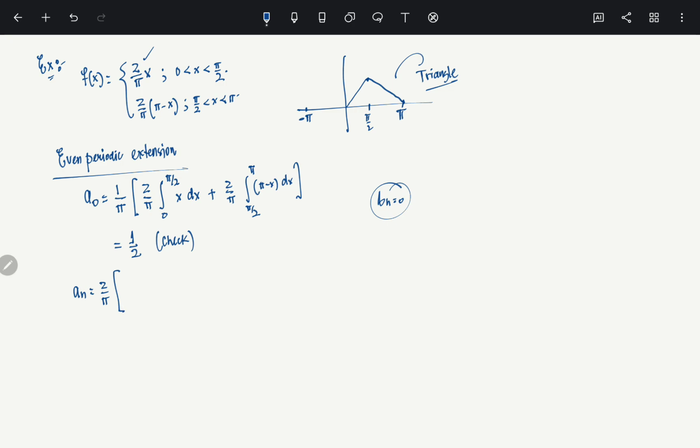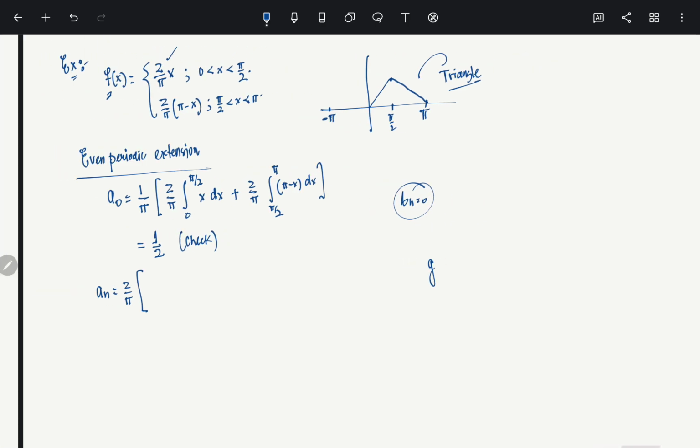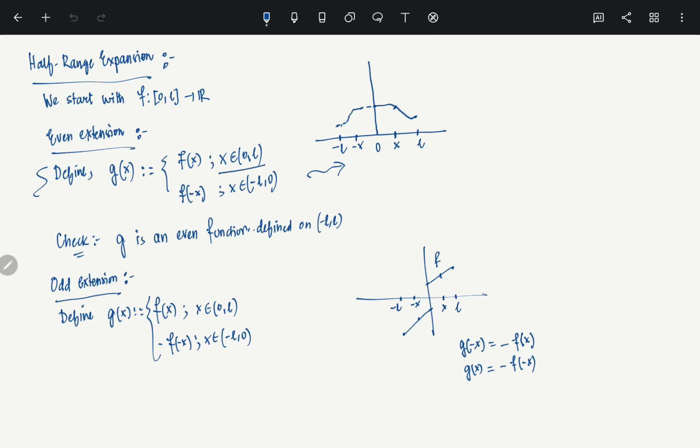See, for the function f, we are doing an even extension. We'll define g like this, whatever even extension we did. Now for that g, this is a Fourier series. This is an even function, and the Fourier series will only contain the cosine terms.